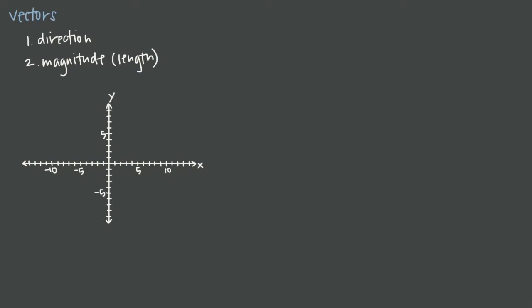So let's say, for instance, that I want to sketch a vector. We'll call it the vector A, and it's a vector called 3, 4. Well, this just means that if we wanted to sketch the vector A in standard position, and we'll look at other ways to sketch this in a second, we start at the origin and we move out toward the positive direction of the x-axis 3 units, and then up toward the positive direction of the y-axis 4 units.